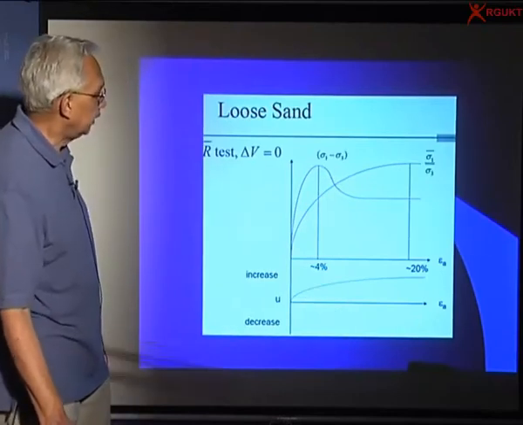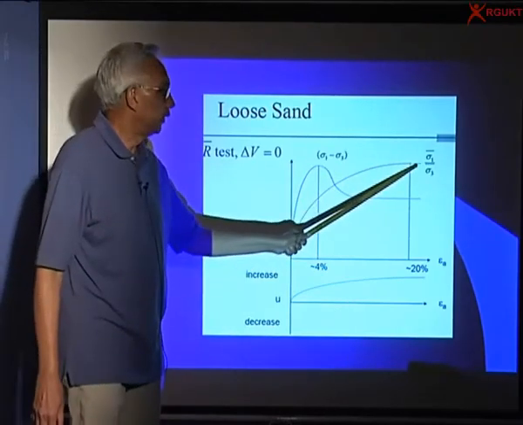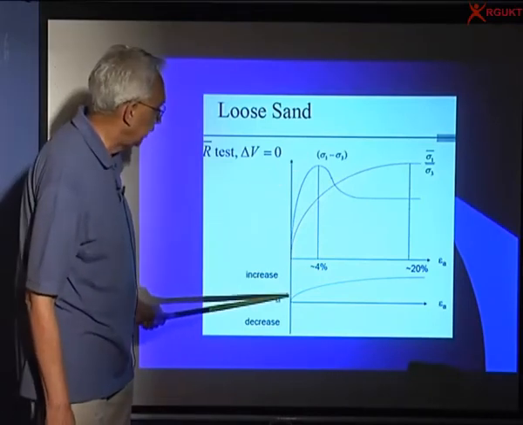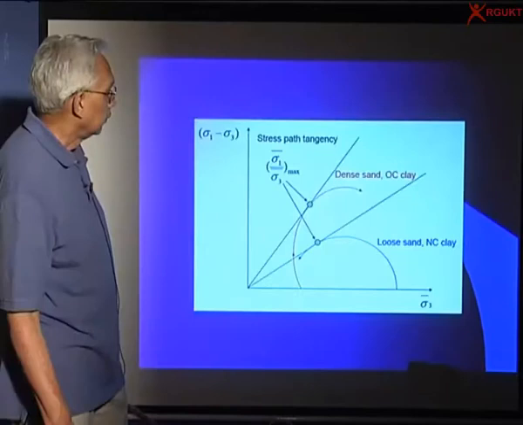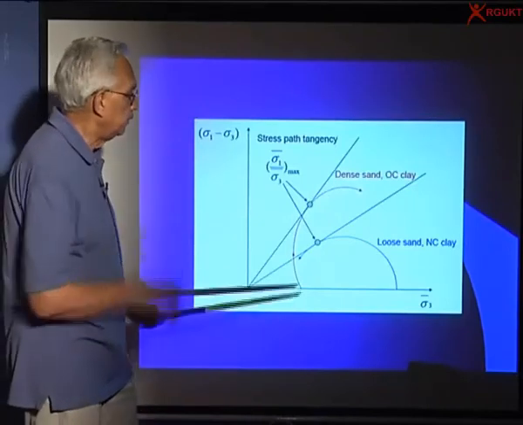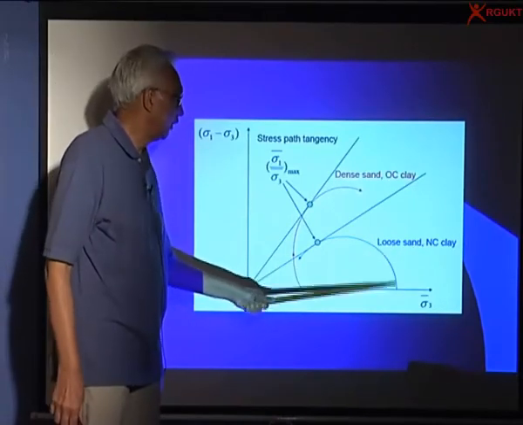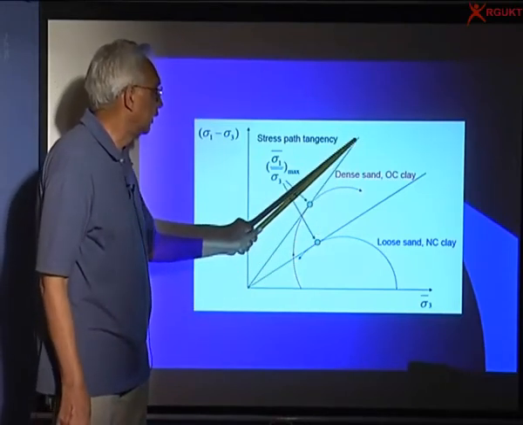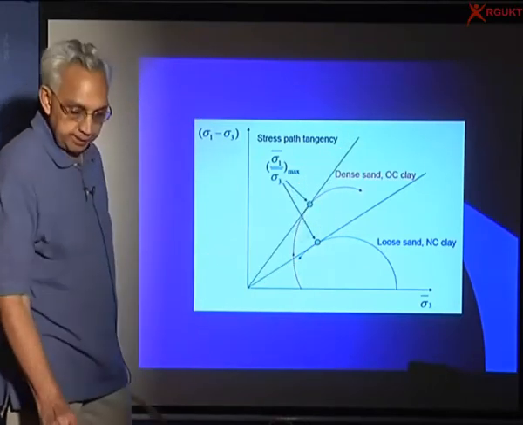This is the loose one, and when I plot this in undrained condition, the pore pressure is positive. So what's happening? Loose sand, normally consolidated clay, you have one strength, and if you have dense sand, over-consolidated, you have a higher strength.